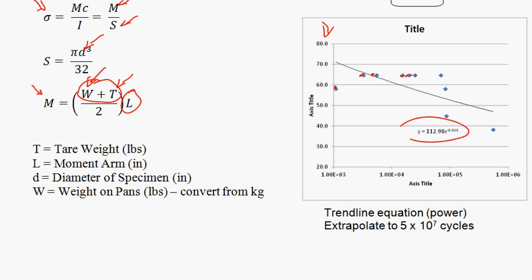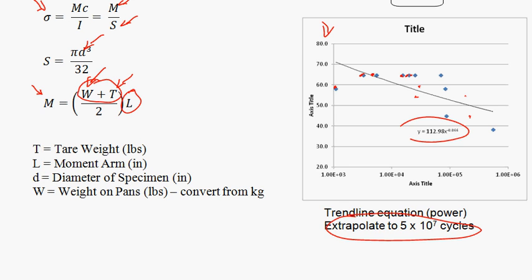We probably will not run these samples the 20 days that would allow us to claim that it has run until we have the amount of stress that it will never fail. So what we're going to do is run it some number of hours and days and plot all of this data, and then the trend line can be extrapolated to 5 times 10 to the 7th cycles.